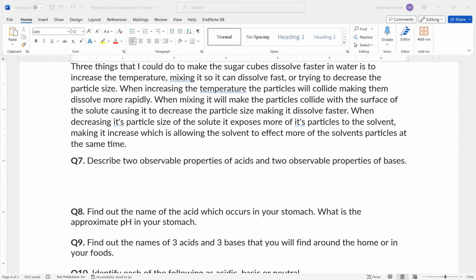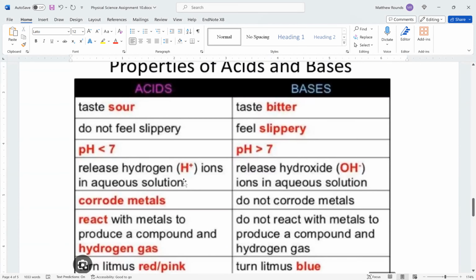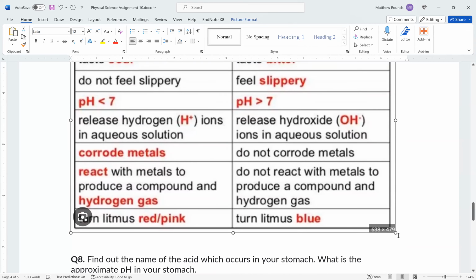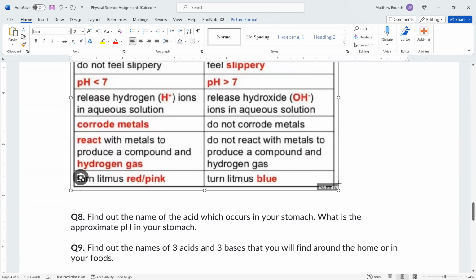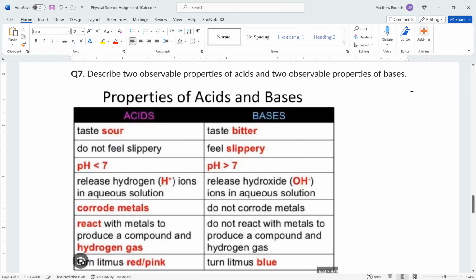There's a couple of videos you could watch, which you don't need to. So acids and bases. You already know a little bit about acids. Acids are usually pretty dangerous to be around.